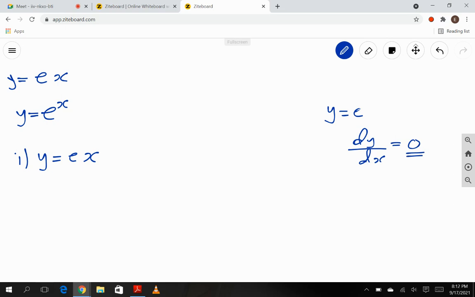It's 0, because e is a constant. What you're looking at here is the same as though you just have 2x, or 3x, or 10x, because you are taking e as just any number, a figure, a constant.